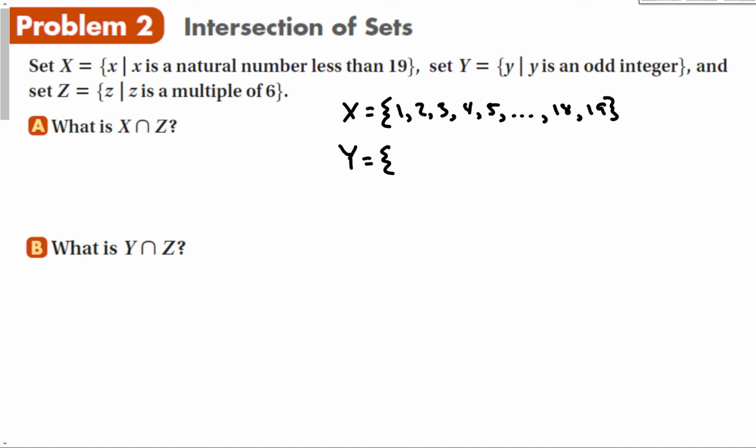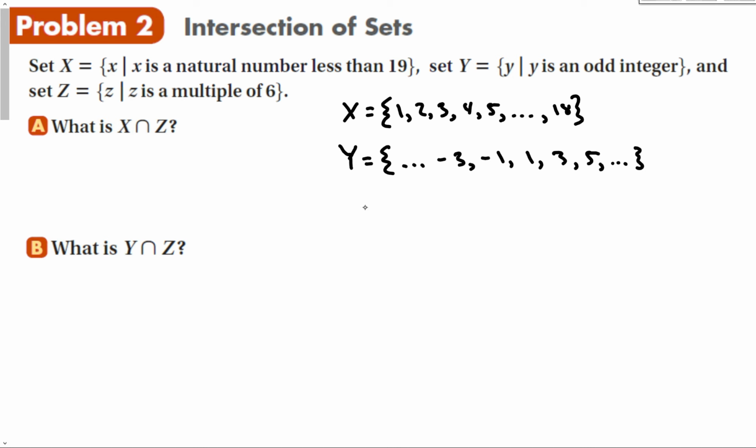Odd integer means any negative and any positive number, so we're going to use ellipses like this: ..., -3, -1, 1, 3, 5, and we keep going. Set Y goes forever in both directions. Set X is limited, natural numbers less than 19, so we're not going to include 19.